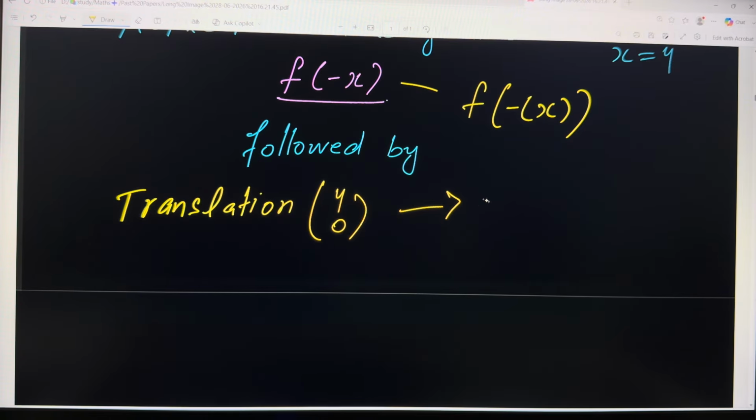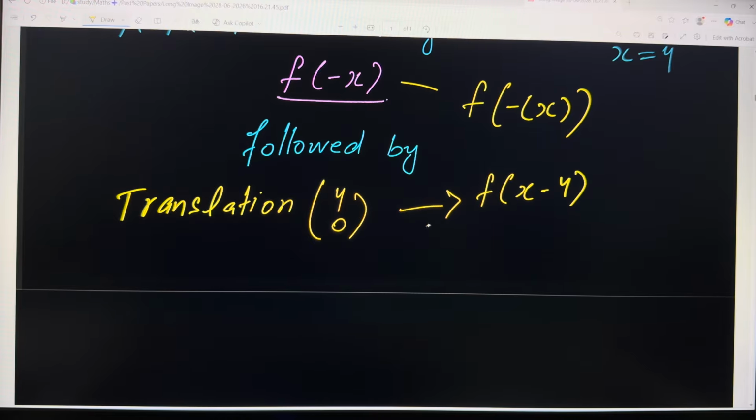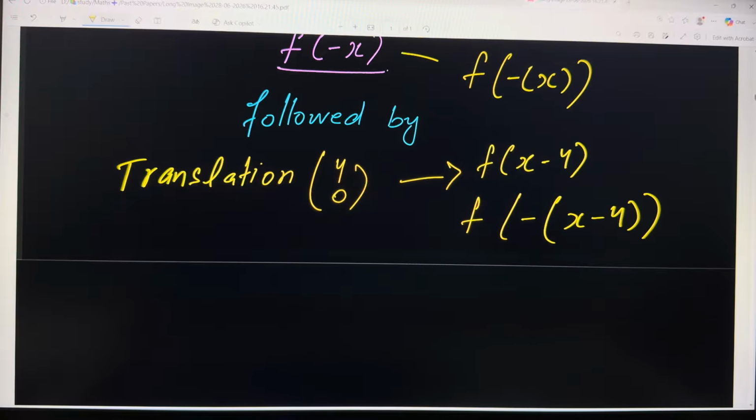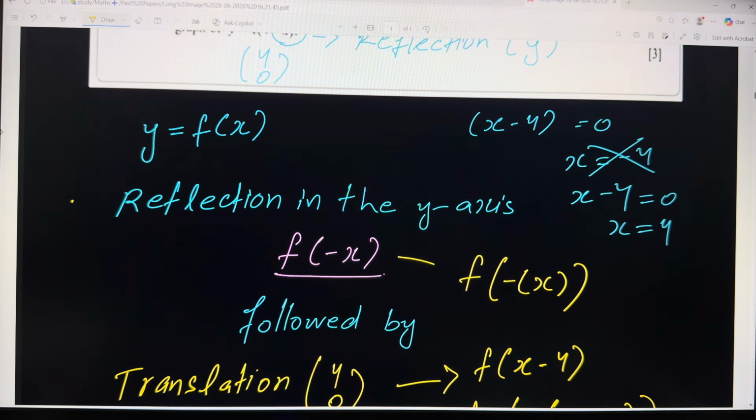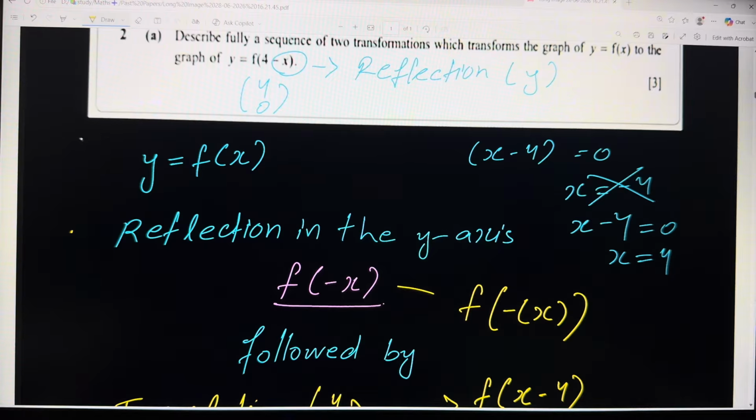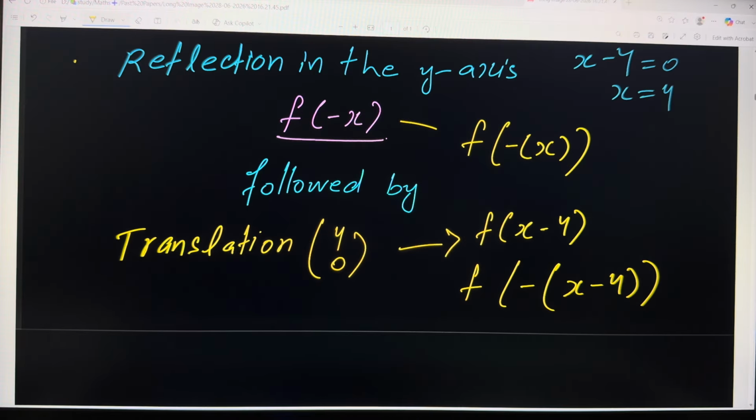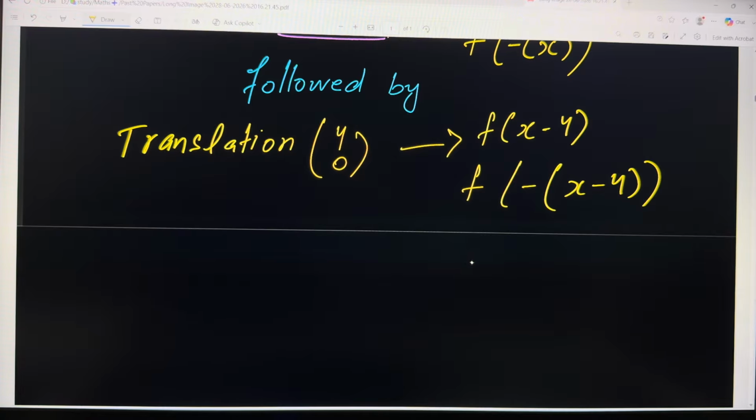So what I'm saying is this becomes this. If we add these, this will become f(-(x - 4)), like this. And in the question you see it's expanded: plus 4 and minus x. So if we expand this, we'll get the same, because minus x and then plus 4.